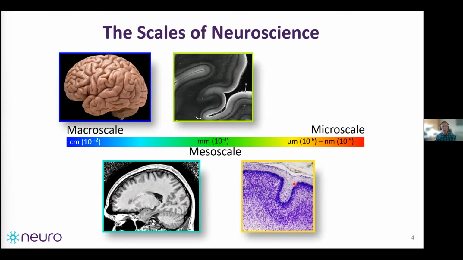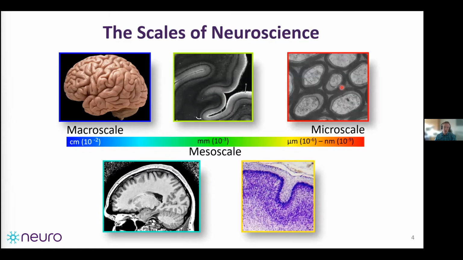And below we have a Nissl stain for cell bodies, so all the dark purple areas are cell bodies. Again, we see a layer dependence of neuronal cell bodies in the cortical gray matter as well. So that's some interesting structure that also relates back to the function. And if we go towards the upper end, we see the microscale, where now we're down to nanometer resolution.